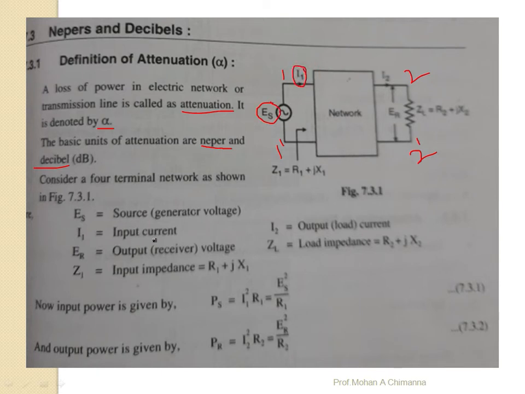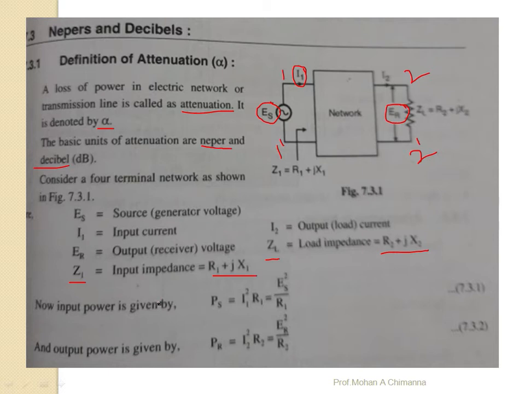I1 is the input current and I2 is the output current, also called the load current. ER, the E subscript R, indicates the output voltage or receiver voltage. ZL is the load impedance, represented by R2 plus jX2, and the input impedance is represented by Z1, which is equal to R1 plus jX1.